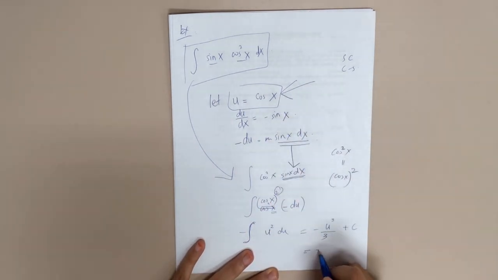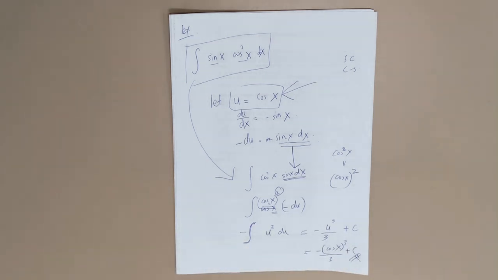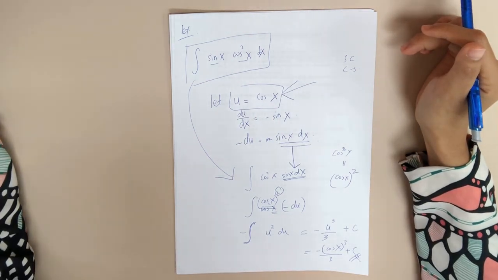Your u is cos x. So then this is your final answer. You just replace back your u, because your final answer must be in terms of variable x, not u. So get what I mean?